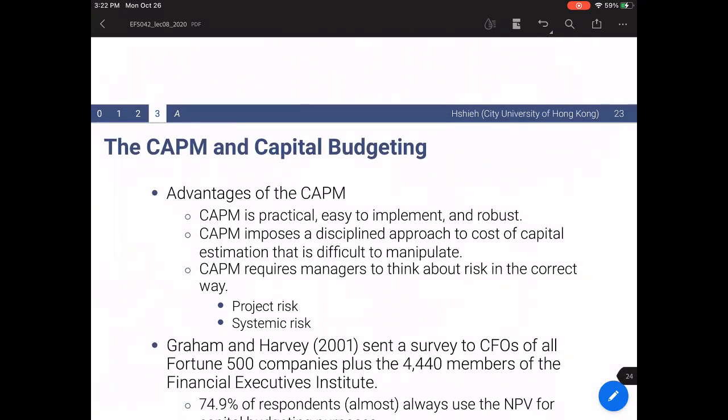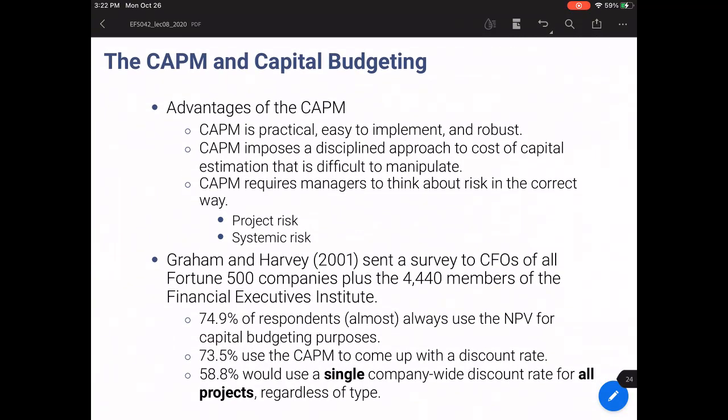All right, so to summarize, CAPM and capital budgeting, which is the main topic of this lecture. We talked about the advantages of CAPM. CAPM is very practical, it's very easy to implement, and it's robust in the sense that there are a lot of moving parts that allow you to make broad assumptions or very specific assumptions to come up with different costs of capital.